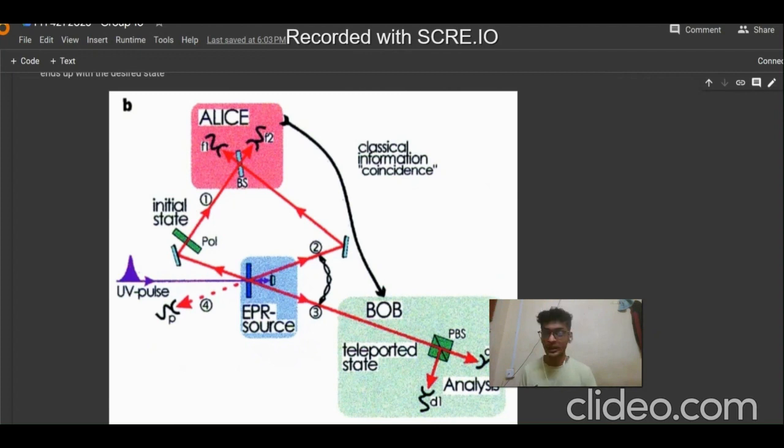And finally, she performs the Bell state measurement on her photons, which are 1 and 2. In order to do so, the first thing she needs to do is make photons 1 and 2 indistinguishable, because that's the criterion for entanglement in photons. And in order to do so, she superimposes photons 1 and 2 using a beam splitter.